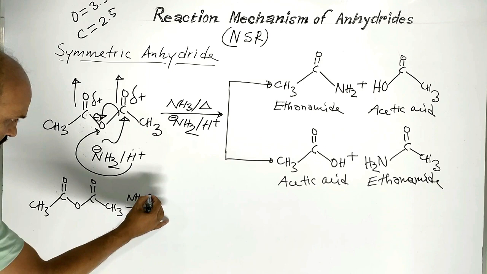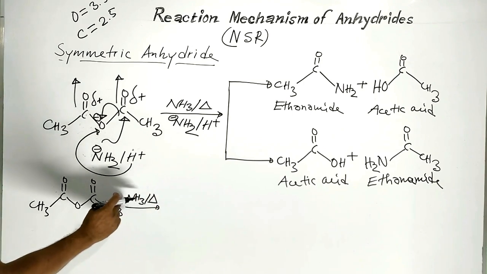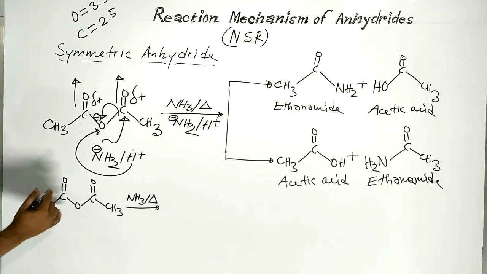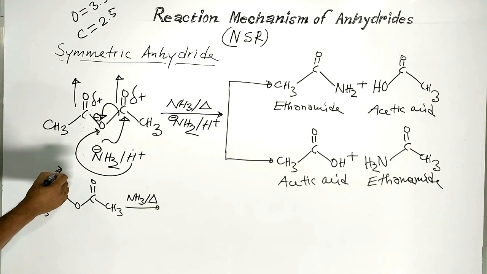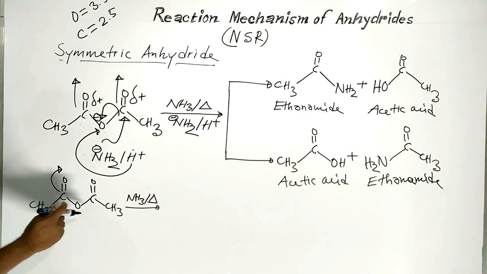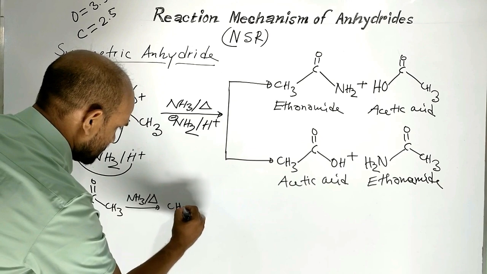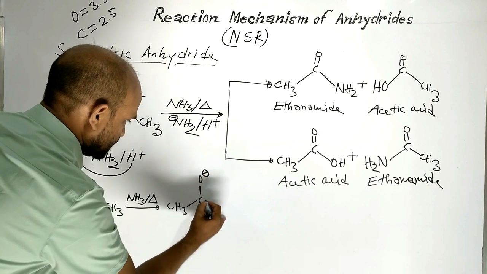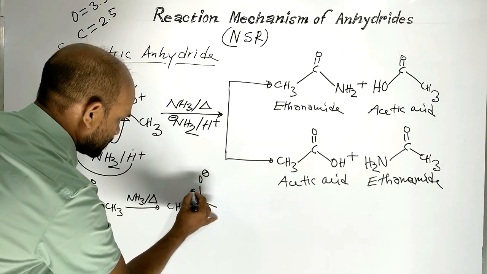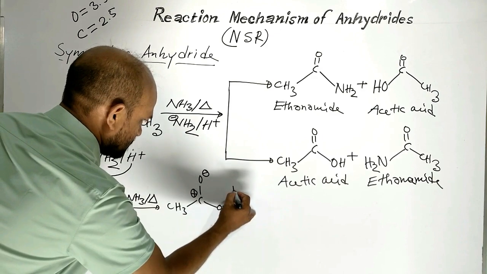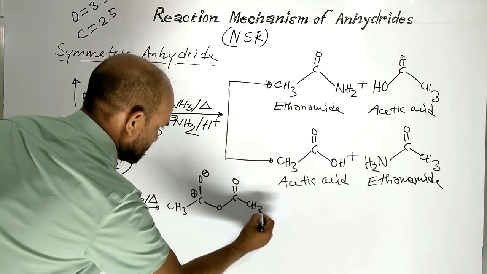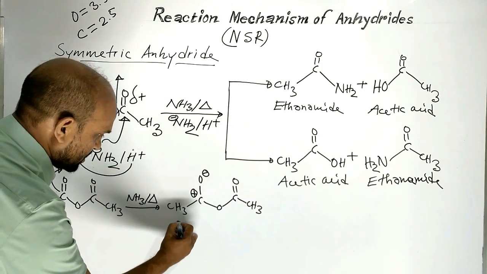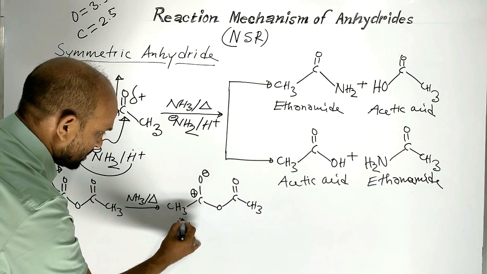Ammonia. The reaction is operated by heating. In the first step, this carbon-oxygen bond is polarized. After polarization, this is formed. Oxygen becomes negative in charge, carbon becomes positive in charge. This positively charged carbon is attacked by nucleophile.